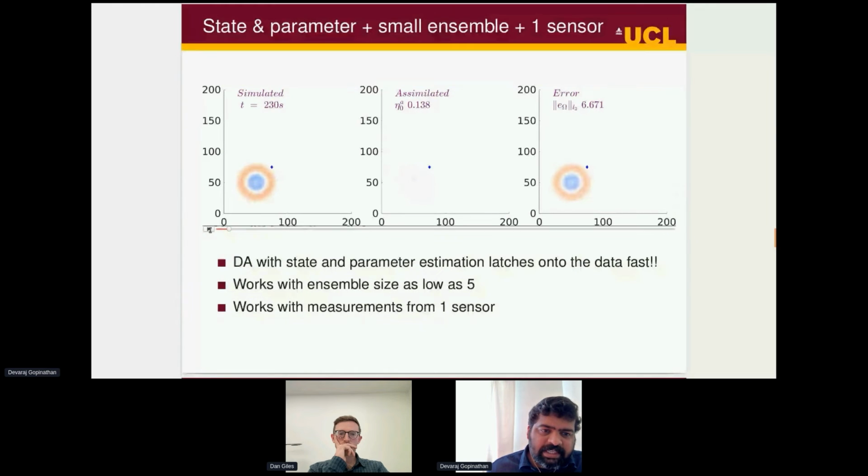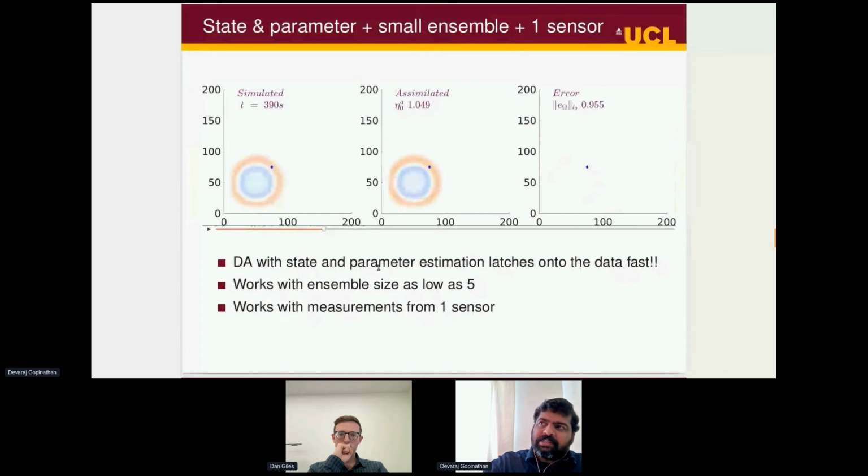Once it hits the sensor, you can see in the middle, the assimilated waveform slowly picks the shape of the tsunami wave. This is only because there is a parameter evolution which helps the data assimilation to latch on to the system's evolution. And slowly as you go on the right, you see the error has reduced to nil.